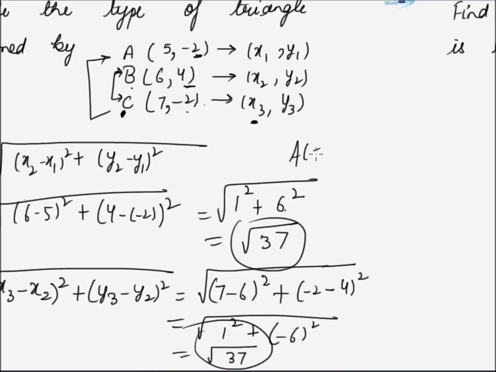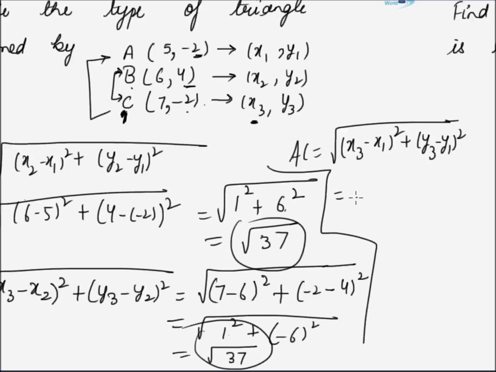Now for AC, the second point is C, whereas first point is A. So the distance formula will be modified as x3 minus x1 whole square plus y3 minus y1 whole square.